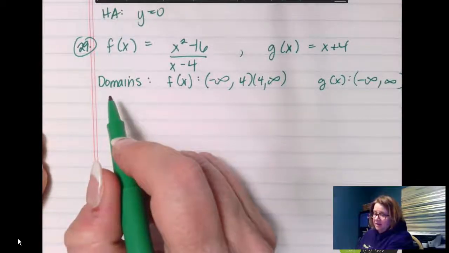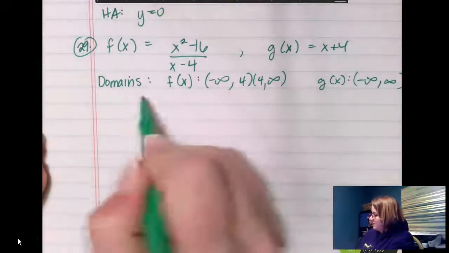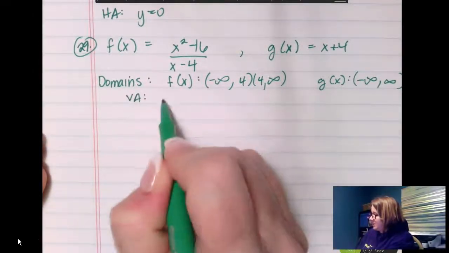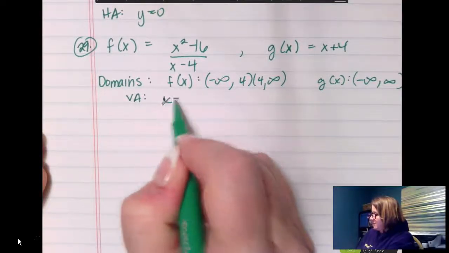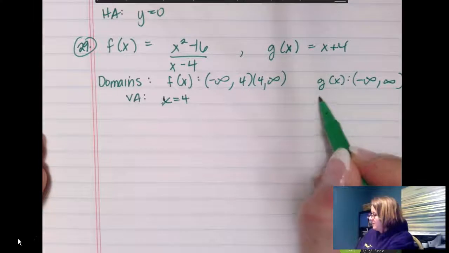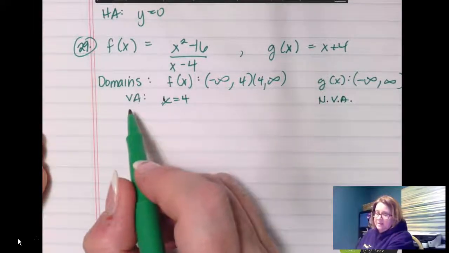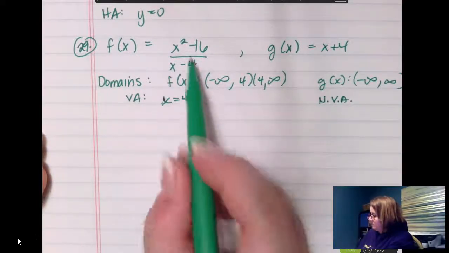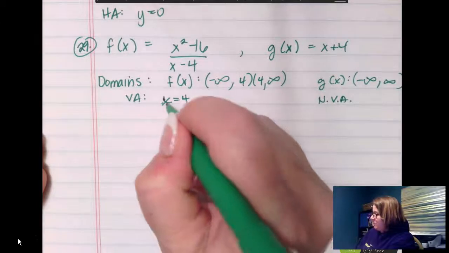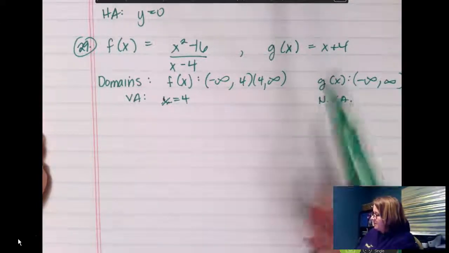Then we are asked for any vertical asymptotes and holes. So here we have a vertical asymptote of, and let's see, that would be x equals 4. Here we have no vertical asymptote. For the top, let's see, any holes. Ooh, so x equals 4 may or may not be a vertical asymptote.